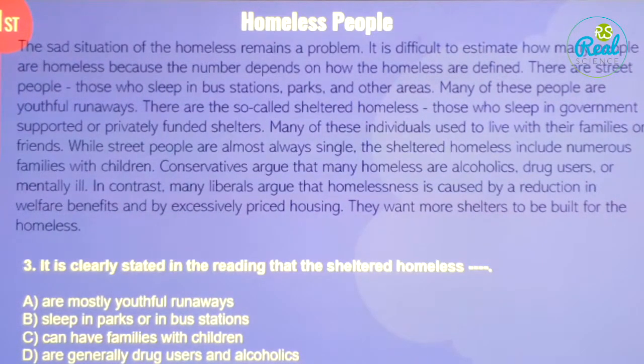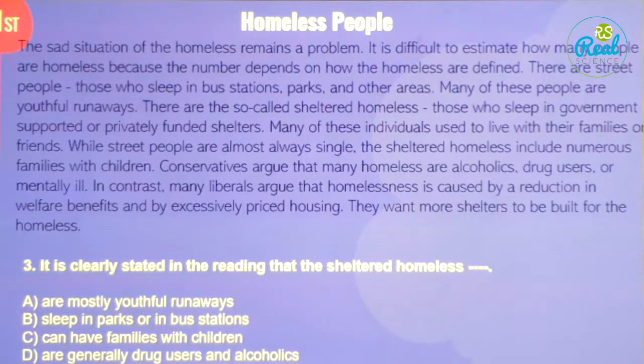Now, the last question. It's clearly stated in the reading that the sheltered homeless. I would suggest you read again. Three suggestions, guys: read again, read carefully, and read again.